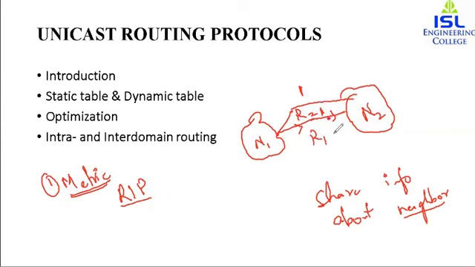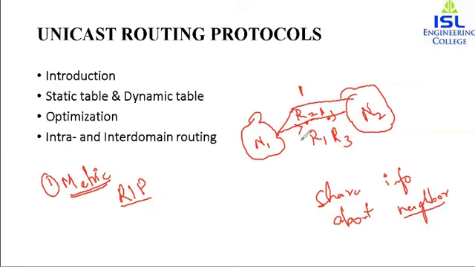Or maybe suppose R1 has another router in between, R3. If network 1 chooses R1, then it has to pass the packet to R1, R1 will pass the packet to R3, then R3 will pass the packet to N2. In this case, what will network 1 do? It will choose router 2, because directly over there we have only one connection: network 1 sends it to R2, and R2 gives it directly to N2.